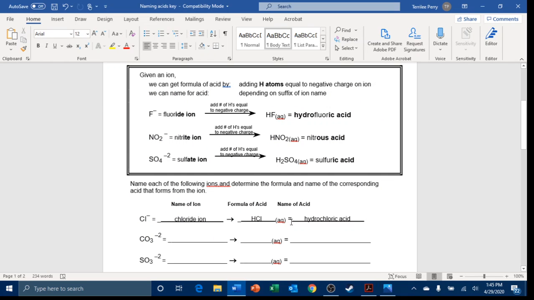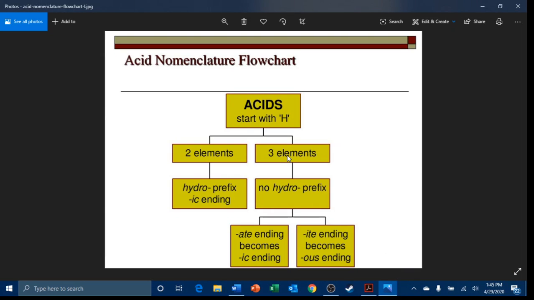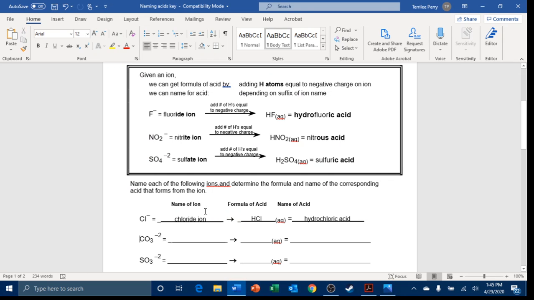And you know that there's more than 2 elements, and you know you have hydrogen and you have oxygen. So this is an oxyacid. Okay, so we're going to look at this. You have 3 elements, so you have no hydro. And if it's ate, it is ic, ite is ous. Okay, so let's see what that means.